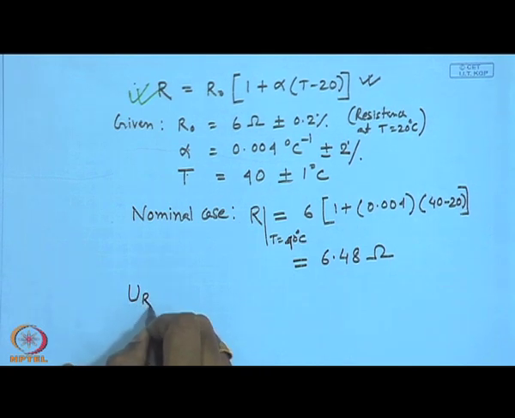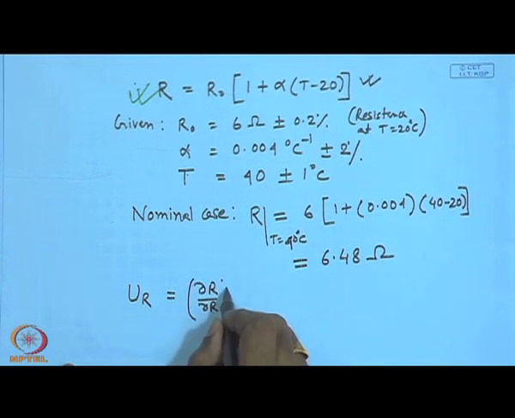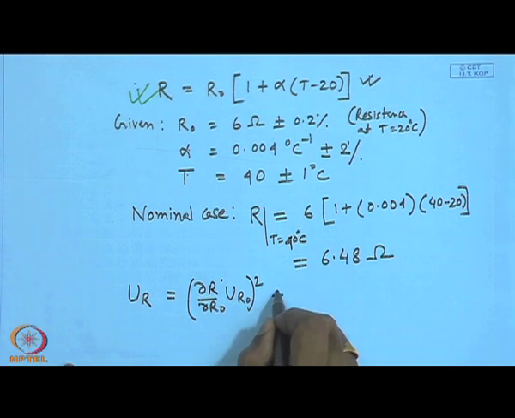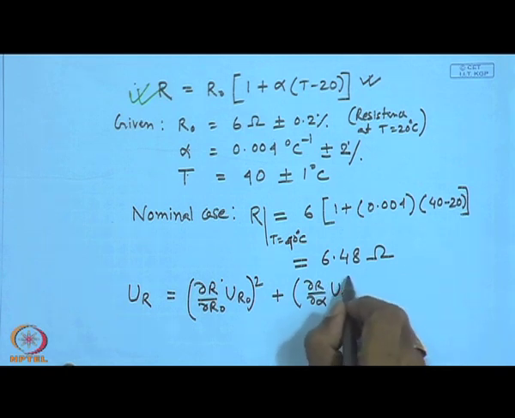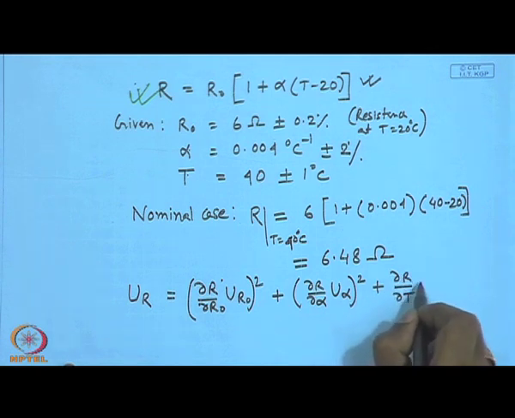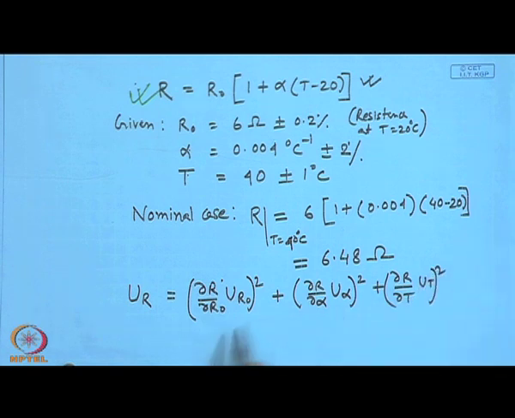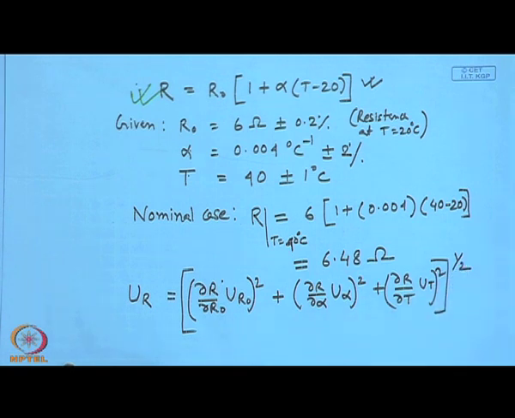Uncertainty in the computation of resistance, let us denote it by UR, will be equal to the square root of the sum of delta R by delta R0 into U R0 squared, plus delta R by delta alpha into U alpha squared, plus delta R by delta T into U T squared.